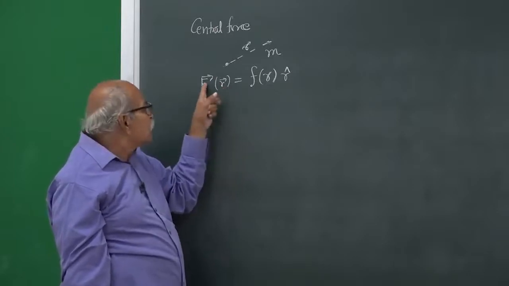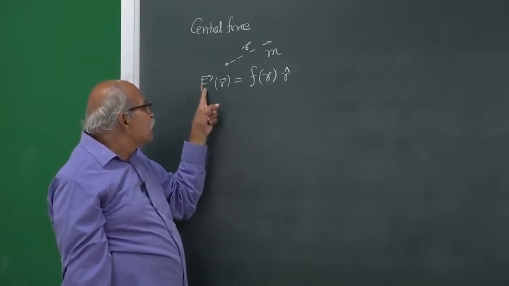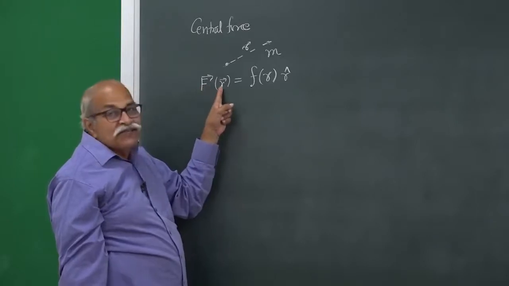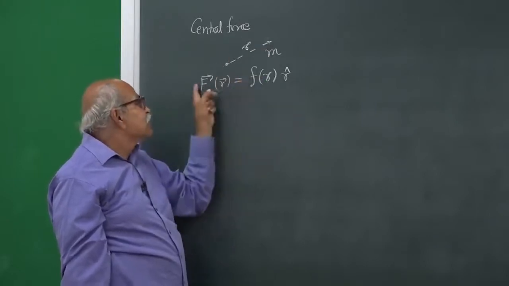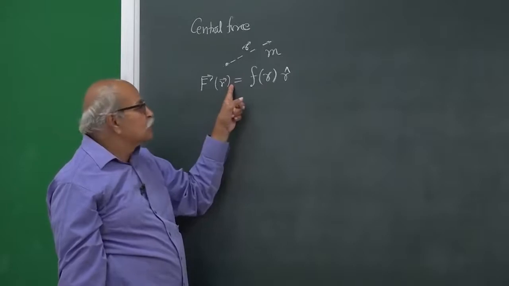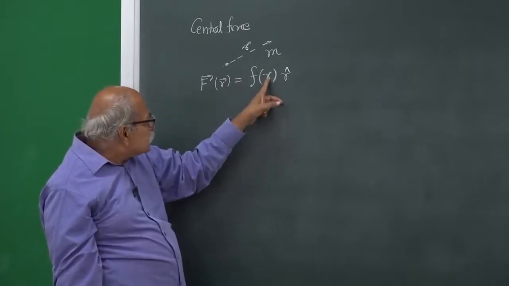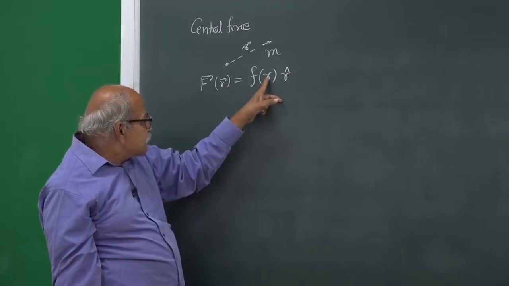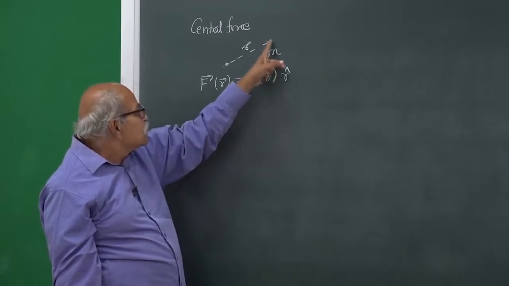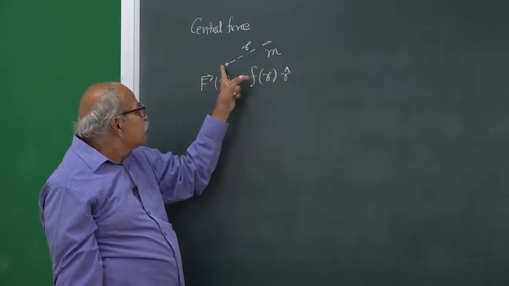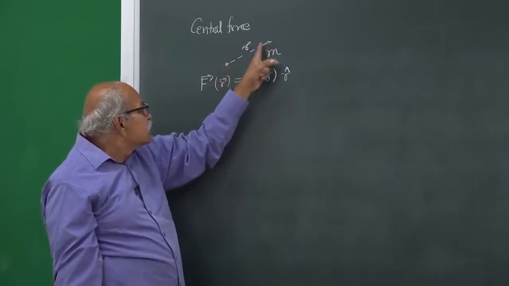And what is the right hand side? It is the distance of the particle at that instant from the origin. Here is the particle, here is the origin, and this is the distance, and that distance is r.